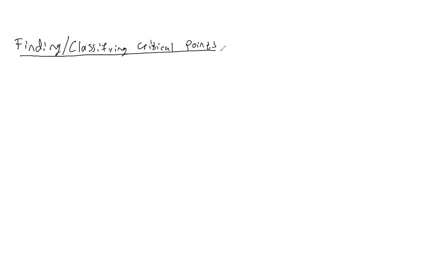Now, this can be a little challenging for some folks. And so here's the main gist behind classifying critical points. Actually, let me rephrase this. I'll write this as finding and classifying critical points.